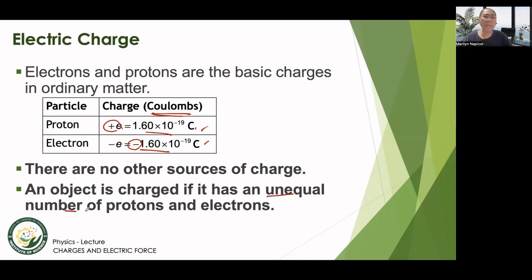So, pwede nating sabihin na ang object ay charged kapag magkaiba yung bilang ng kanyang protons and electrons. Now, kung ang object ay hindi charged, okay, it has no charge, we typically say na siya ay nasa neutral state. So, neutral yung charge niya, ibig sabihin, pantay yung bilang ng electron at ng proton.